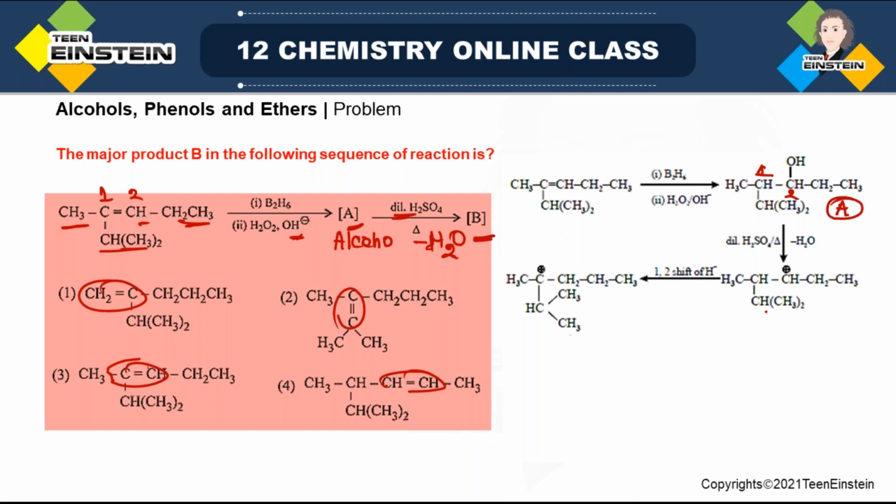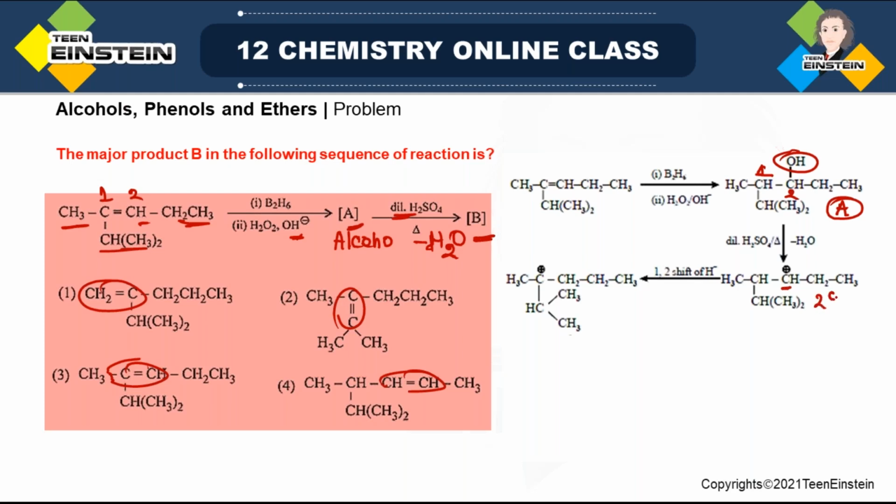Next we are using H2SO4. Though it is dilute, we will consider dehydration, because if we do not, you cannot reach the alkene molecule, since all the options are alkenes. Water will be removed, because after protonation OH becomes OH2+ and OH2 leaves, so there will be formation of a carbocation.